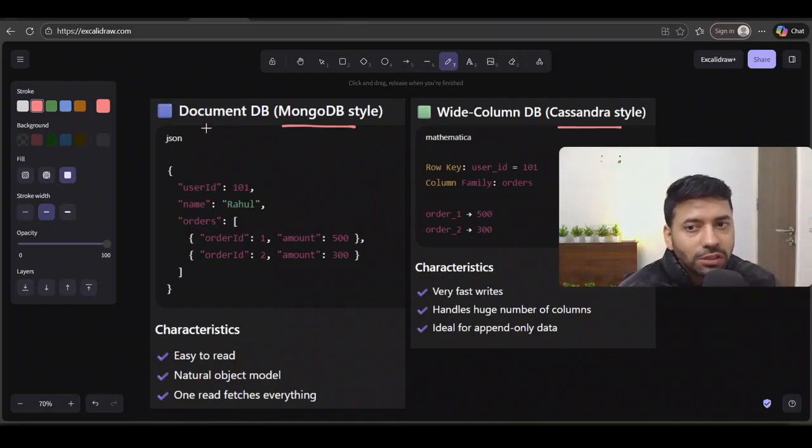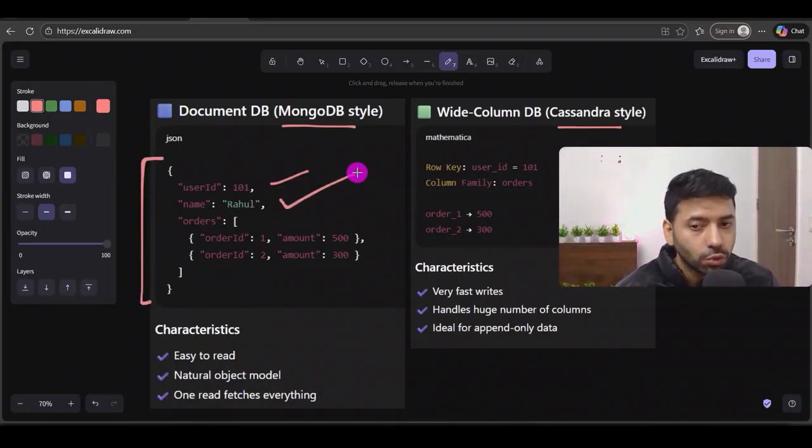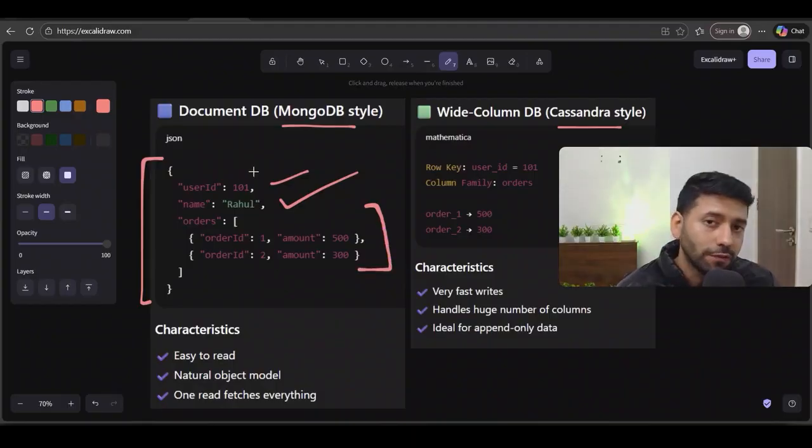Because in document DB we have the document, in a single document we store everything, so you can clearly see this is the JSON. Inside this we have stored the user ID, the username, and then also the information of the orders of that particular user with user ID 101. The first order is order ID 1, amount is 500, then order ID 2, amount is 300.